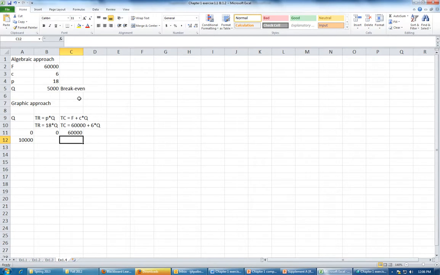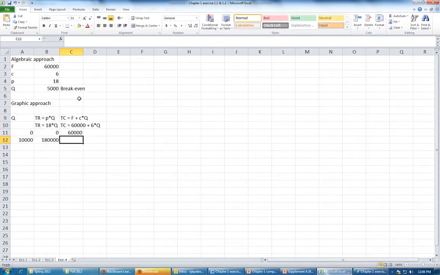Okay, now next we are going to find the values at 10,000 units. For total revenue it will be 18 times 10,000, which is 180,000.